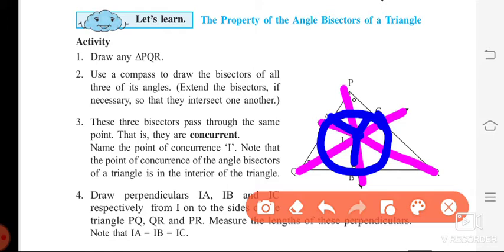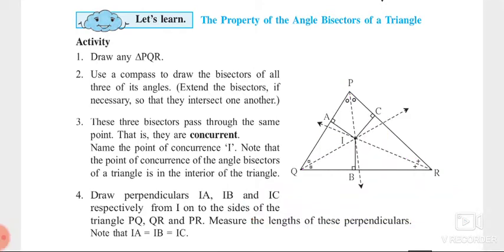That circle is called an incircle, and that point is called the incenter. What is that point called? The point of concurrence of angle bisectors is called the incenter.